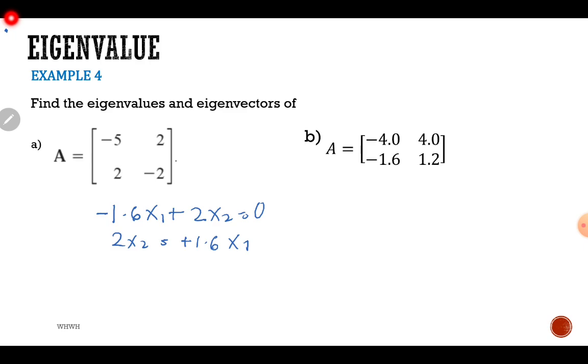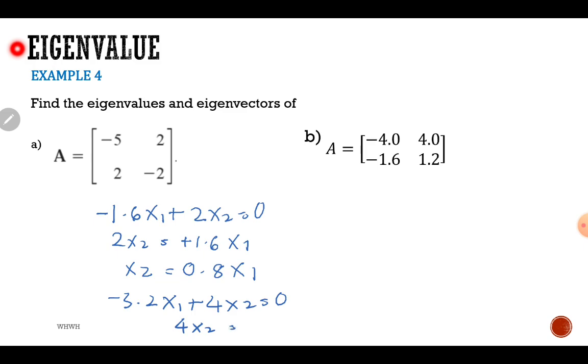Okay, so dari sini kita akan dapat x2 is equals to 0.8 x1. Sama juga dengan yang satu lagi tadi. Kita ada negatif 3.2 x1 tambah 4x2 equals to 0. So, daripada sini kita dapat 4x2 sama dengan 3.2 x1. Then here we get x2 is equals to 0.8 x1 as well.